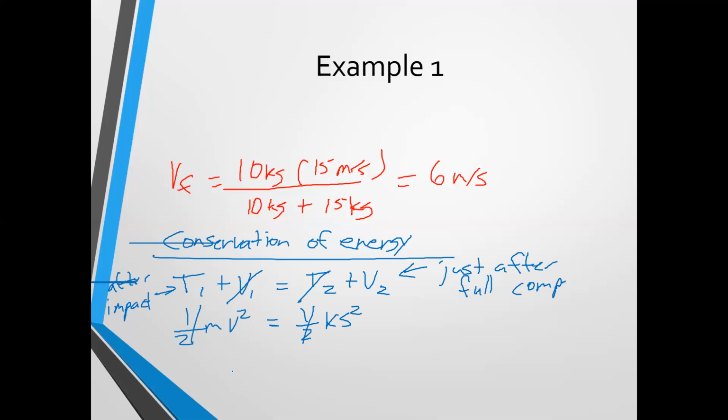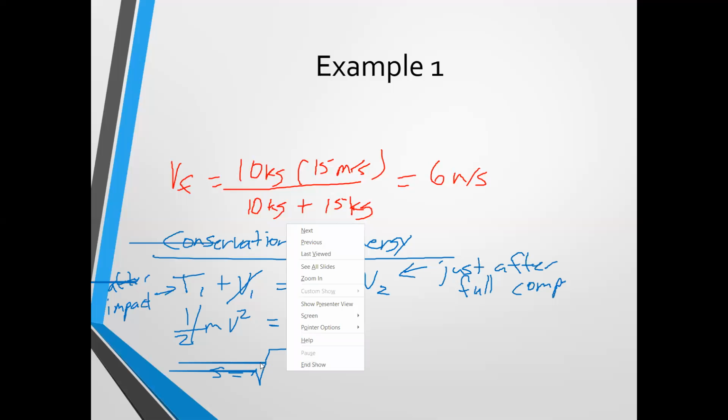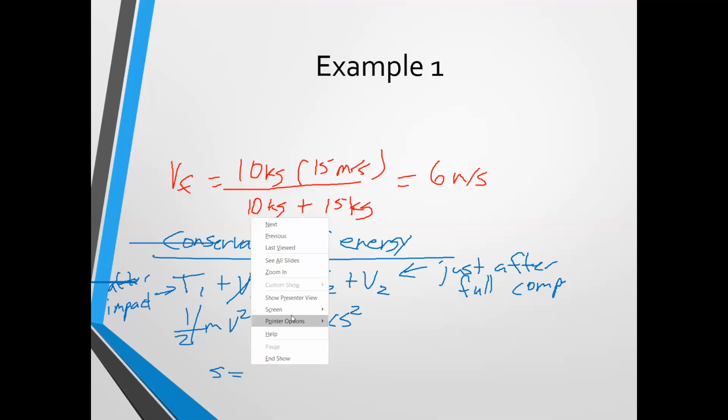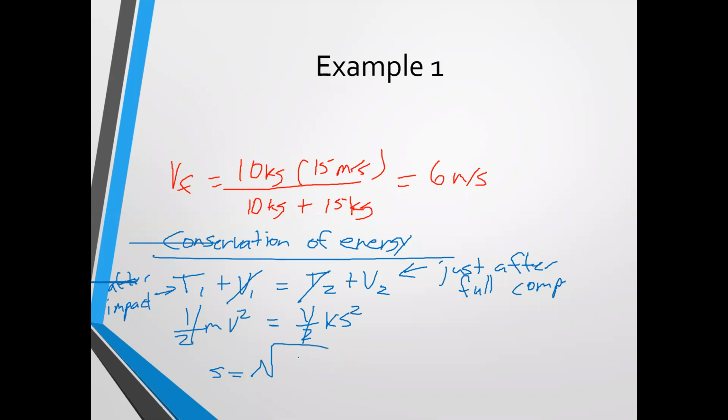If I want to solve for S, this looks like S equals the square root of mass times velocity squared divided by K. And if we plug in those values, mass, we said, is going to be the mass of the whole object, so blocks A and B together.